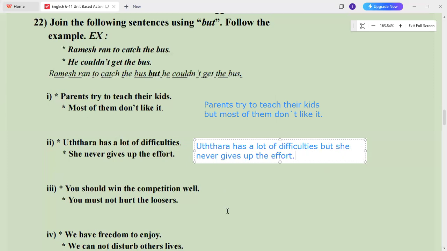And another example, you should win the competition well, but you must not hurt the losers, right?